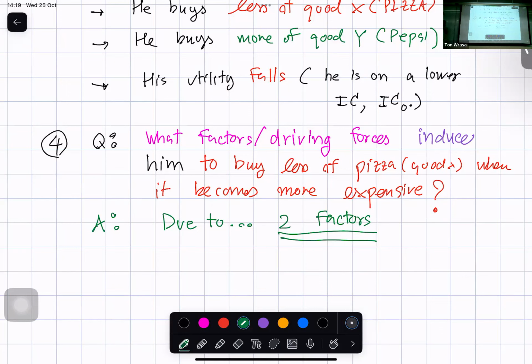And the highlight for today is these two things. Two factors that drive him to buy less of good X when X becomes more expensive.